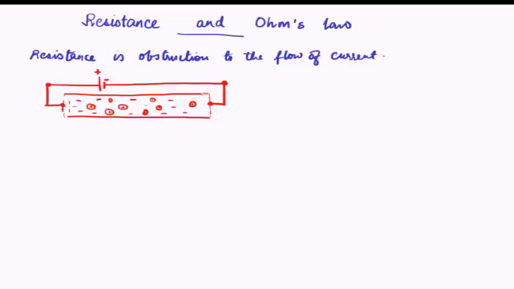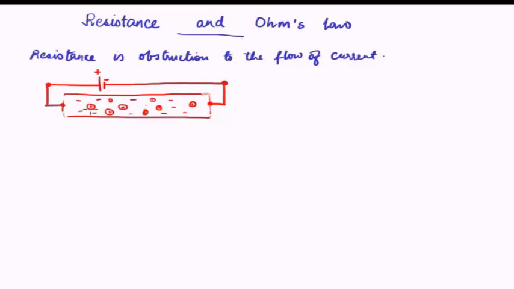As a result, electrons will try to flow from this direction to this direction, and current will flow from higher potential to lower potential. So this is the representation shown in the diagram. Now as the battery is applied, there is a potential difference generated and the charges will try to move.